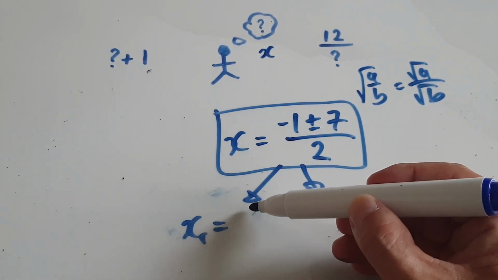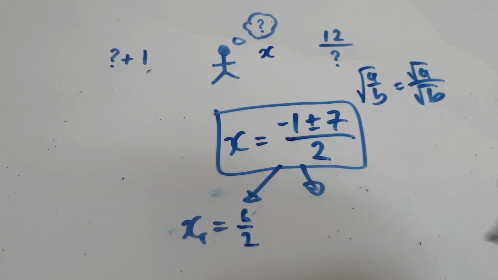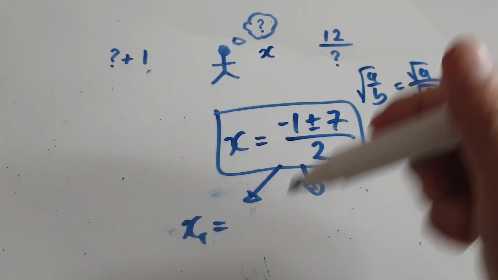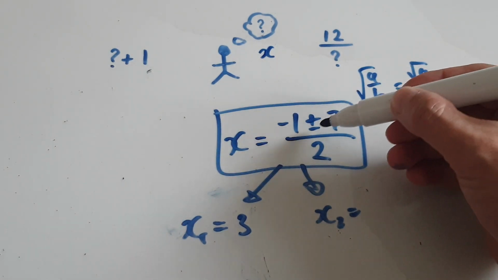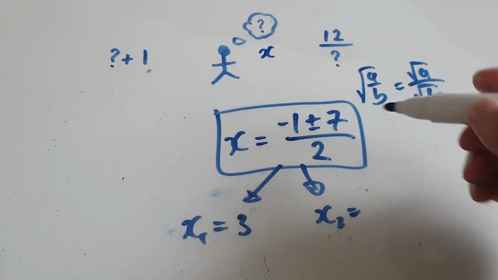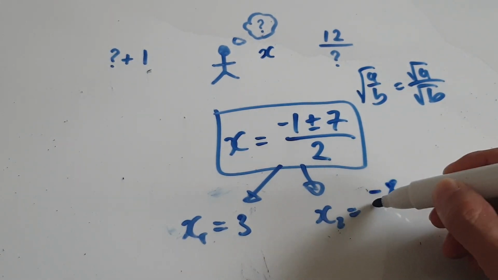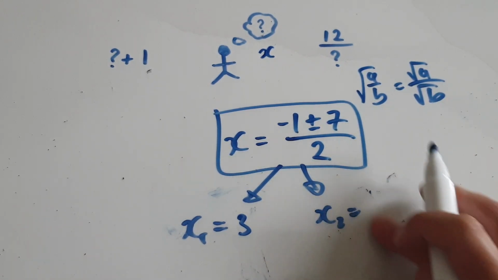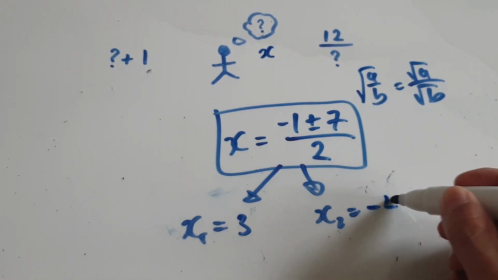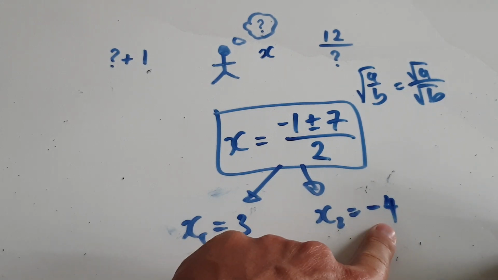So that will be 6 over 2, which is the number 3. The other solution is negative 1 take away 7. So that would be negative 8 over 2. So this will be negative 4. So you see there are 2 solutions. One is 3 and one is negative 4.